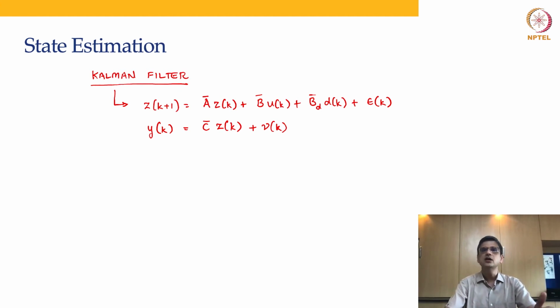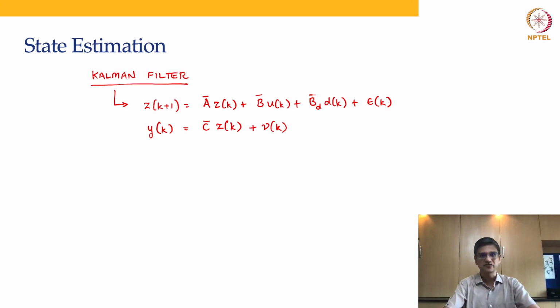We have covered that in the previous two modules, the previous 2 weeks of this course. As a matter of fact, you have also done an assignment where you treated one particular noise as a white noise and did the estimation, and then you treated it as an integrating white noise and did the estimation, and you compared the two, and you could very clearly see the difference between treating something as a white noise and as integrating white noise.